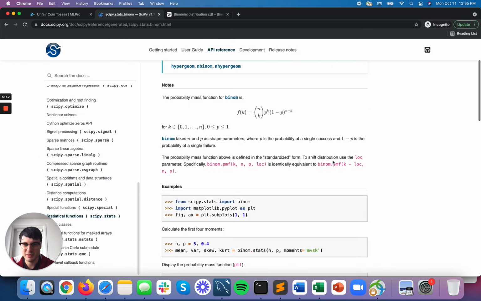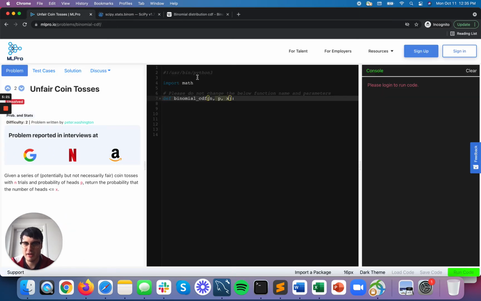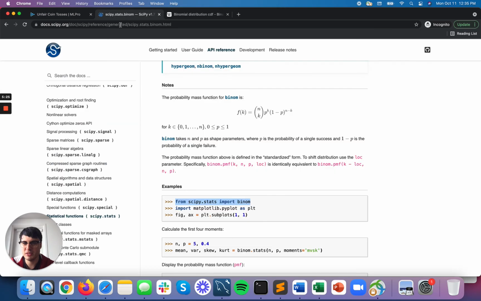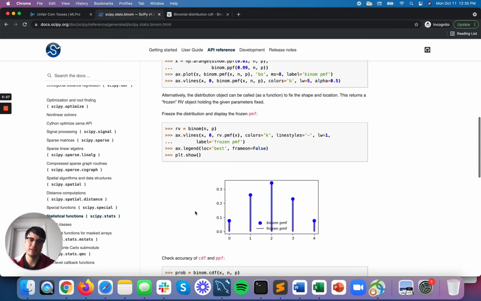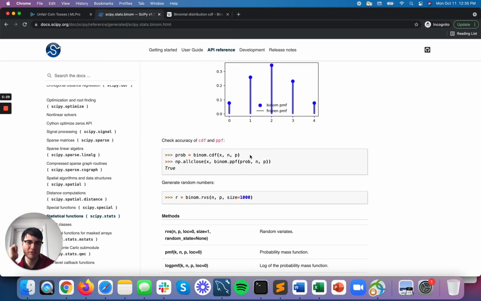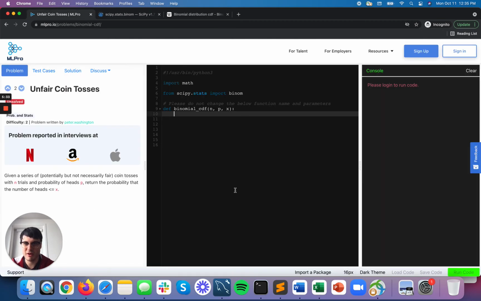SciPy.stats. So the SciPy.stats library, we will go ahead and import the binomial distribution. And now that we have the binomial distribution, we can call its CDF method with the given parameters, which are, again, the number of trials, the probability of success, and the number of heads we're measuring the probability of being less than or equal to.